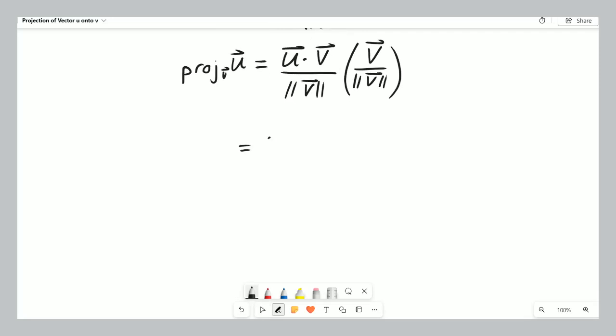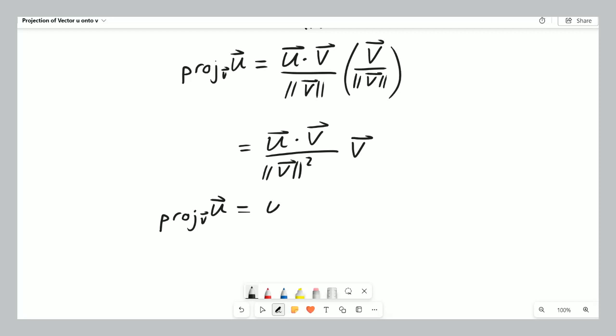Now we can simplify this equation. We can write it as follows: u dot v divided by the absolute value of v squared, multiplied by vector v. And we can actually write this in an even more elegant way, because the magnitude of a vector squared is the dot product of that vector with itself.